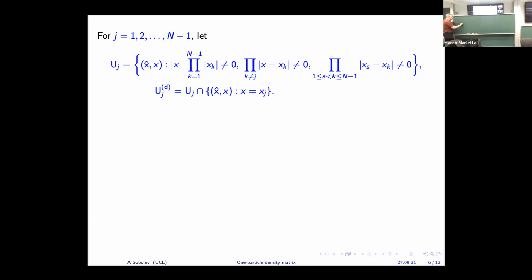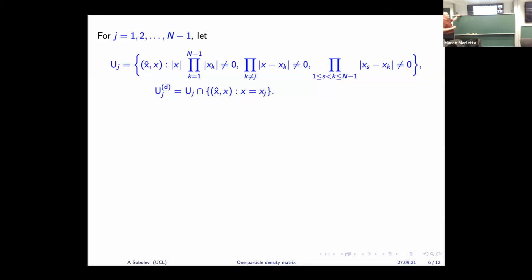So the set U2, for example, would allow the two particles x and x2 to come very close to each other and actually coalesce, but x1 is always separated from those two. U1 would be the set where the particle x can touch x1, but is separated from x2.